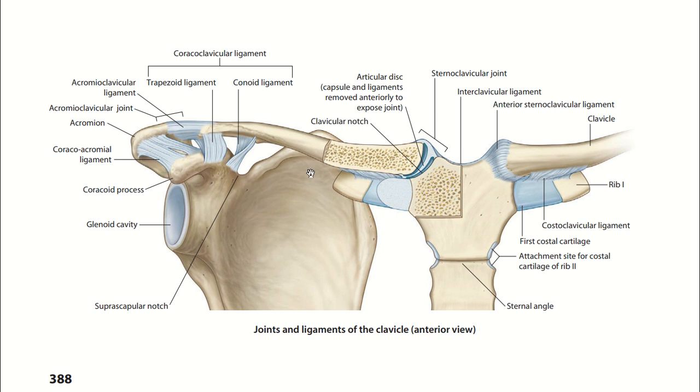So there's also going to be dislocation of the joint. Take note of this. The dislocation of the acromioclavicular joint is called shoulder separation. Why? Because it separates the bones that make up your shoulder, which are your scapula and your clavicle.